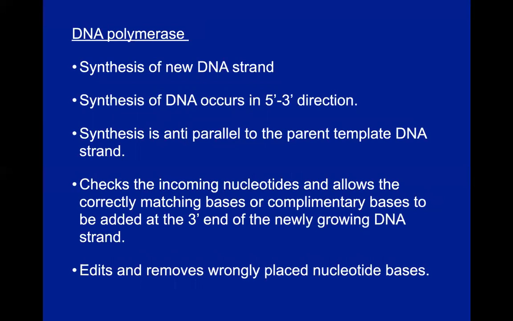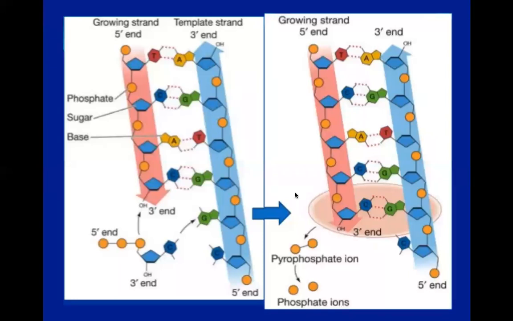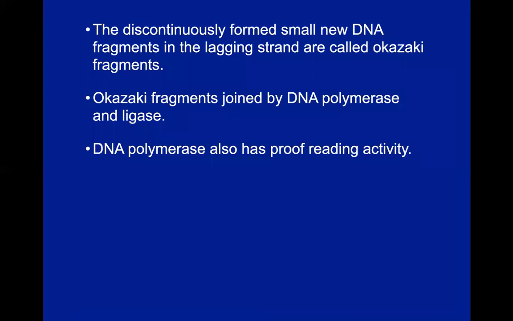So DNA polymerase synthesizes the new DNA strand in the 5 prime to 3 prime direction. It's very important. Anti-parallel to the parent template strand, it checks the incoming nucleotides, that is proofreading capacity. You can see here, at the 3 prime end, it goes on adding nucleotides and synthesizing the new strand. The discontinuously formed small new DNA fragments are called Okazaki fragments.